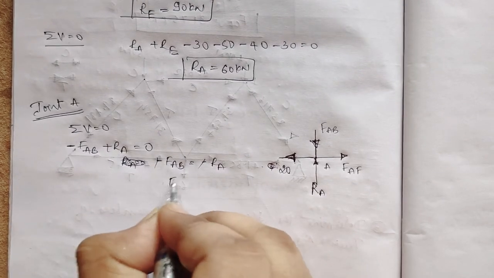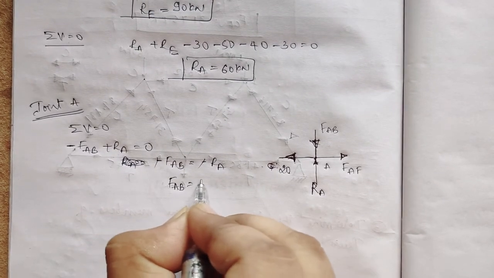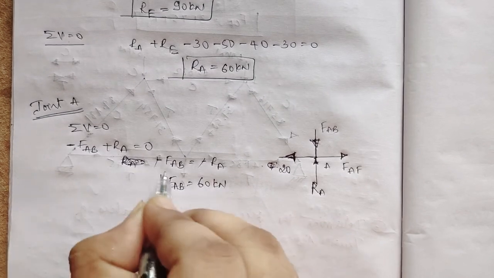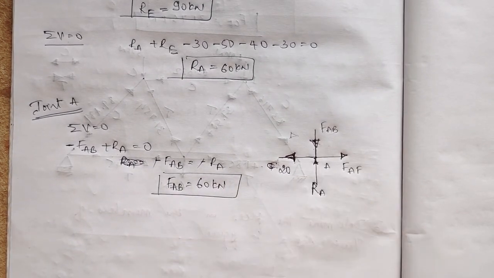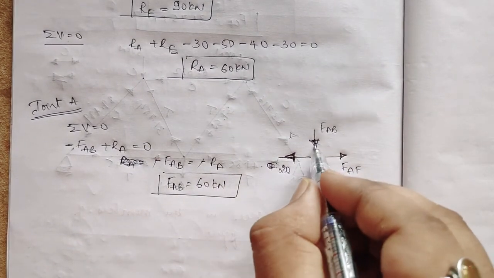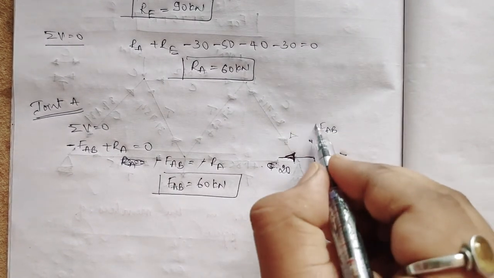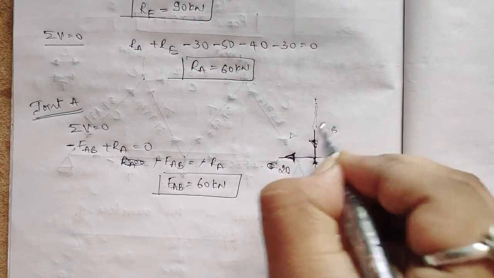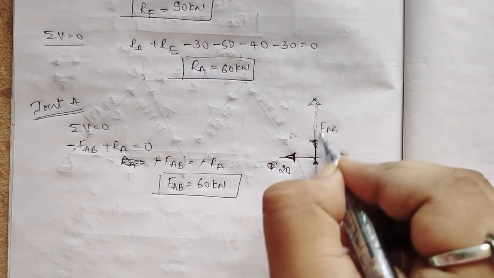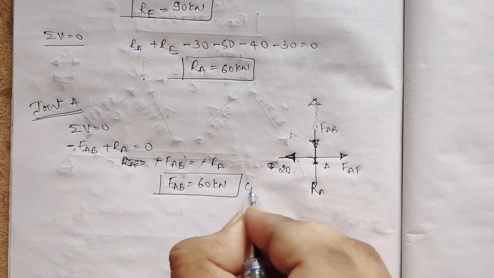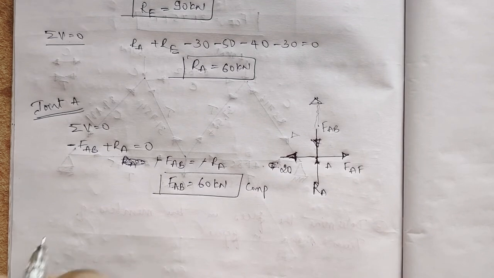Minus minus cancels, so FAB will be the same as RA, 60 kilonewton. It came out positive, so my assumption is correct. So at one end it is like this, and at the other end it is the same. In imaginary lines I am writing this side, so they are moving away from each other, it is compression.